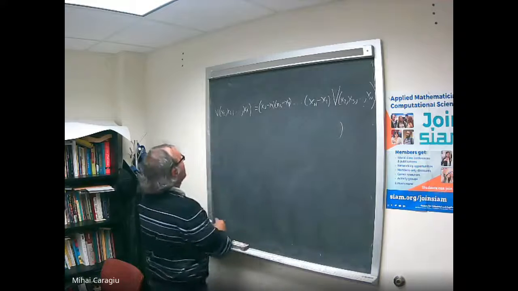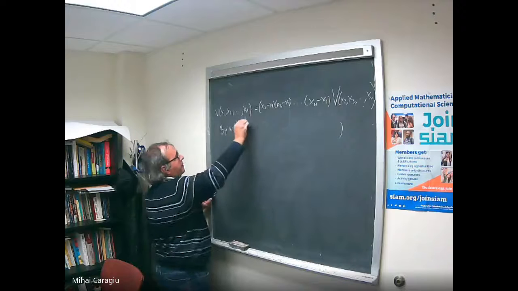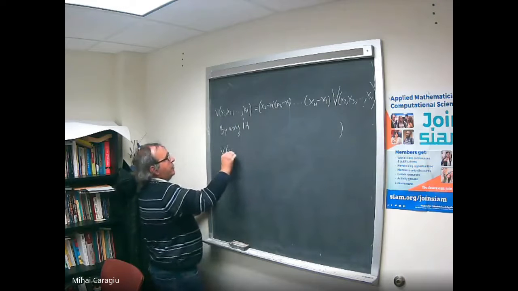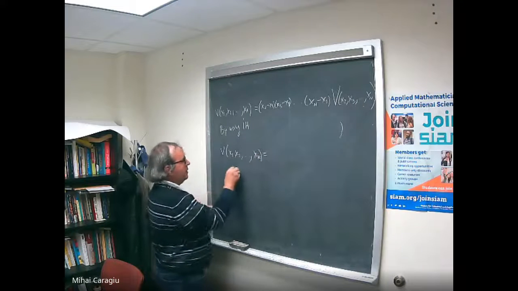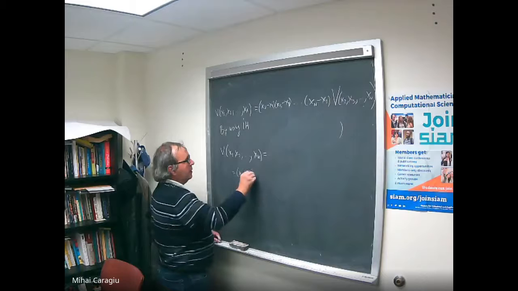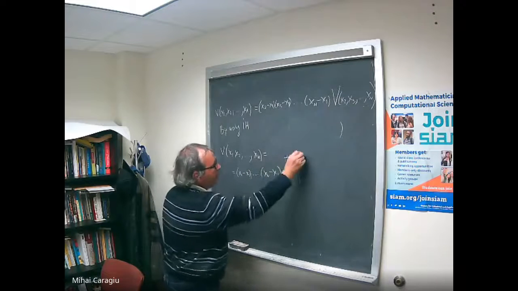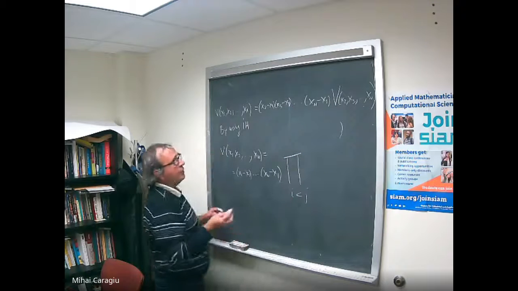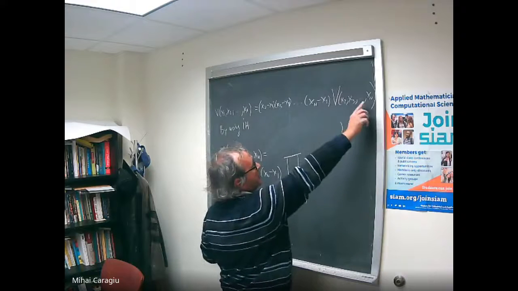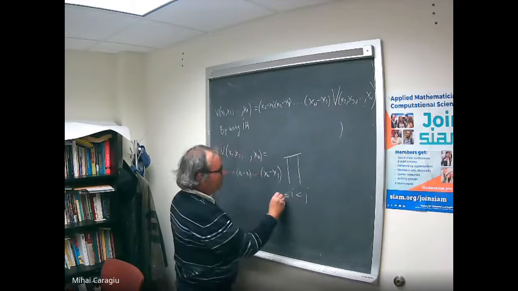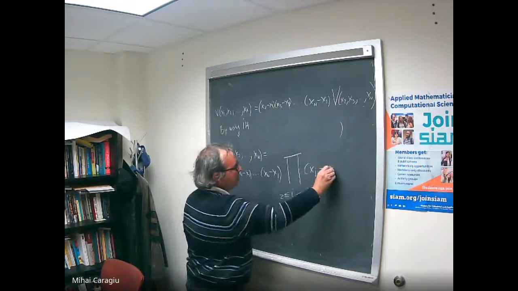By using the inductive hypothesis, the Vandermonde of x1, x2, through xn is x2 minus x1 all the way through xn minus x1 times the product of all i less than j, but with subscripts from 2 to n, of xj minus xi.